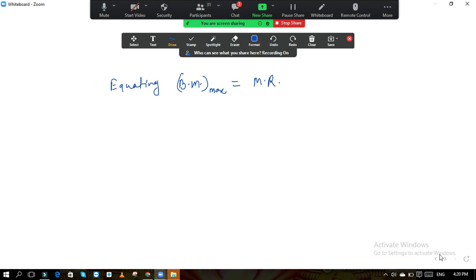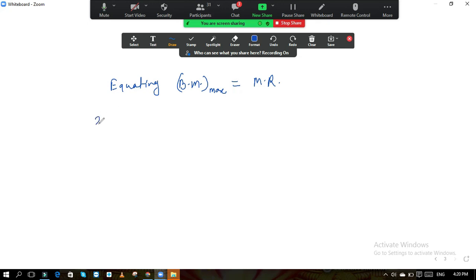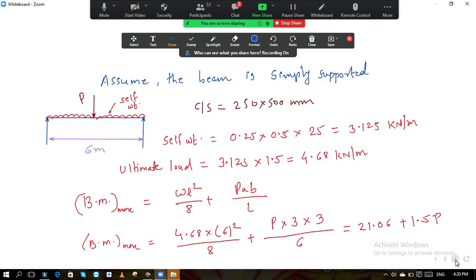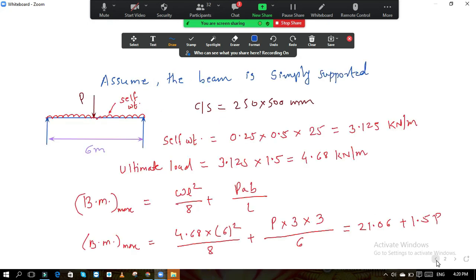So what is the maximum bending moment now? 21.06 plus 1.5 P, which is equal to, what was the Mu? 71.57. Make sure that all the units are the same.